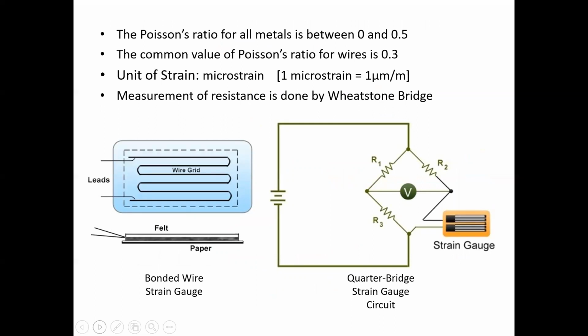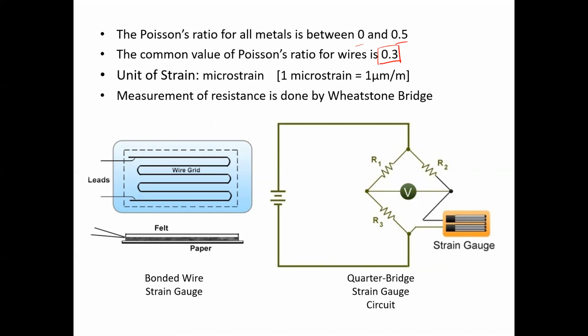For all metals, the Poisson's ratio is normally between 0 and 0.5, and the common value used for different types of wire is 0.3. So if you are doing any calculations and the Poisson's ratio of the material is not defined, then you can use this standard value of 0.3 and calculate the gauge factor.